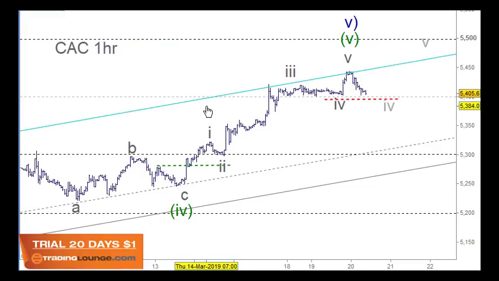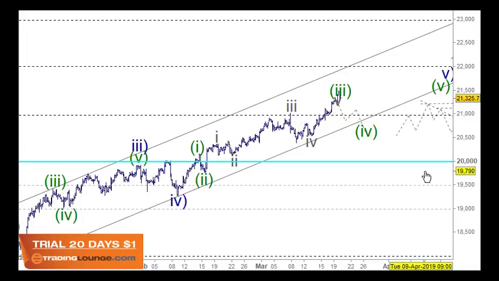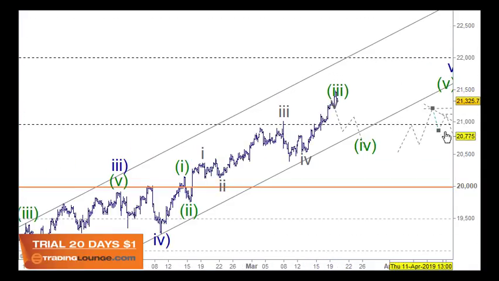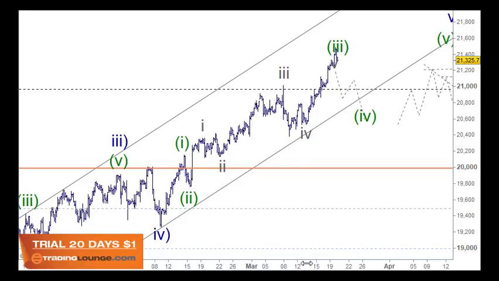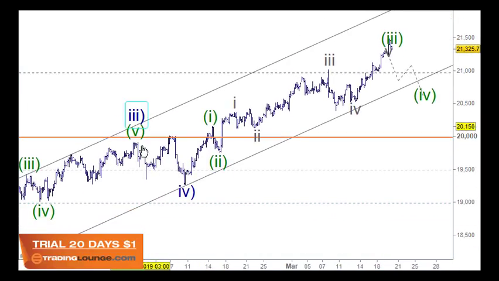And also to the Italian market, the FTSE MIB. So in this case here, it's kind of interesting in that from this ABC for wave 4 here, we can count this here as wave 1 here, wave 2, and then wave 1 and 2 here, and then 3 here, an A and a B and a C for wave 4 here, and then up for wave 5, which we've been looking for there.